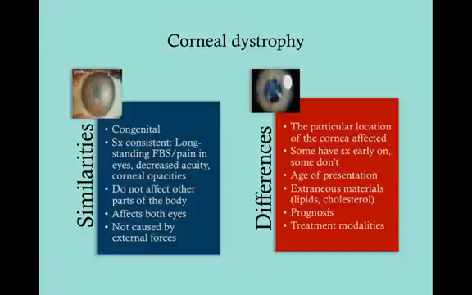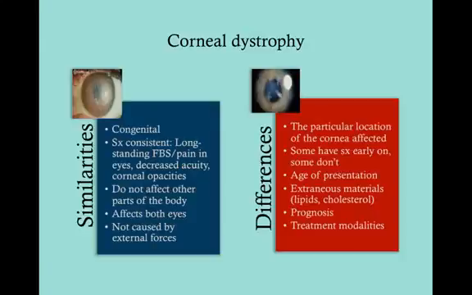The differences lie in the particular location of the cornea that's affected. Some tend to be more superficial, some tend to affect the stroma more, and some tend to affect the endothelium more. Some have symptoms very, very early on, and some don't. The age of presentation can be different. Some of these corneal dystrophies present in childhood, others present in later adulthood.